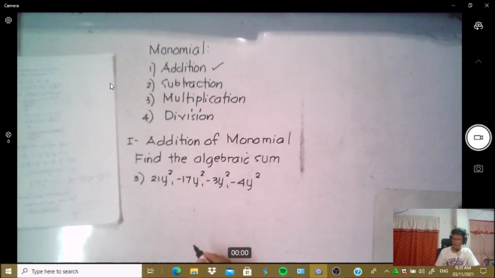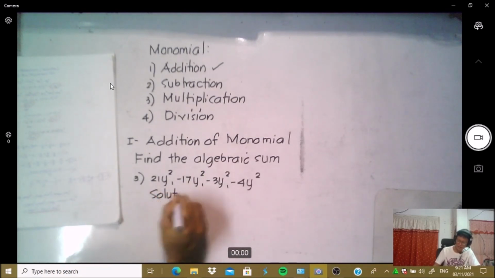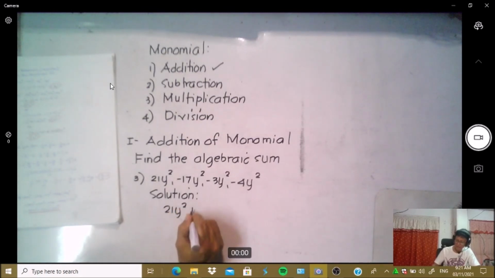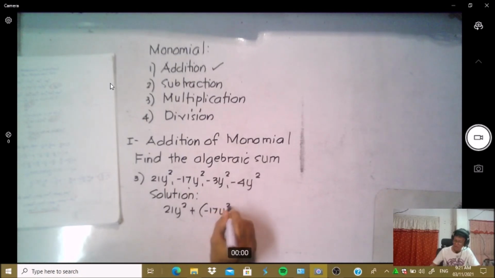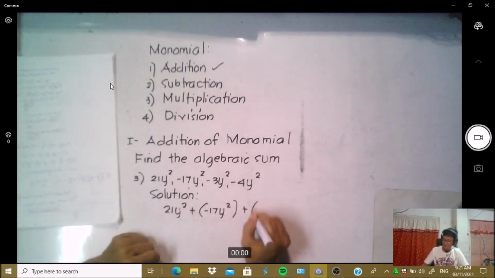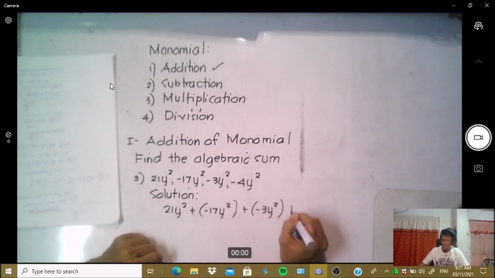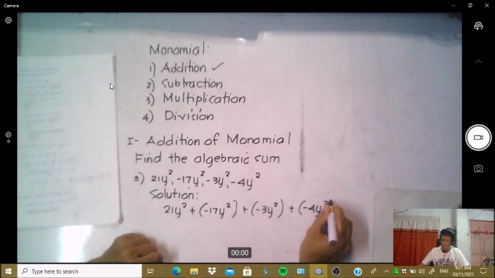Now, what we are going to do here is to add for our solution. We have 21y squared, then add negative 17y squared, then add negative 3y squared, then add negative 4y squared.